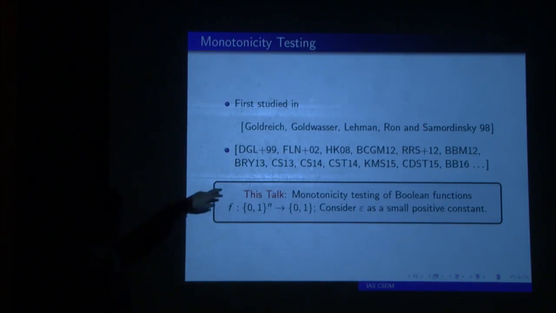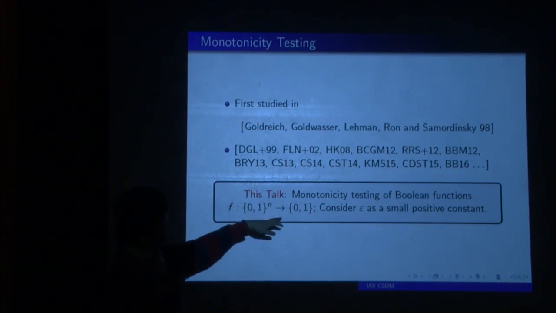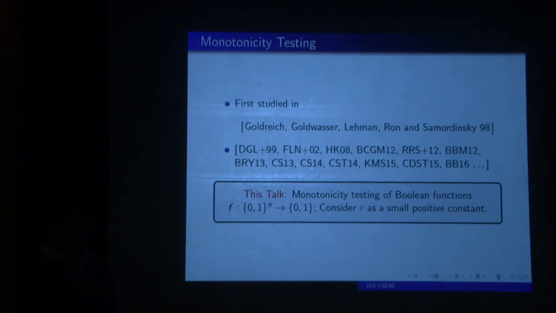And then I think during the past 3 or 4 years, there have been a lot of papers on monotonicity testing. In this talk, I will focus on the model where the function is Boolean. So the domain is the hypercube, and the range is {0,1}. Some of the papers here are for more general ranges, but this talk will focus on the case when everything is Boolean.